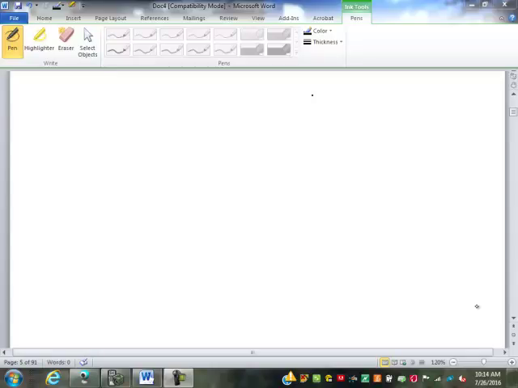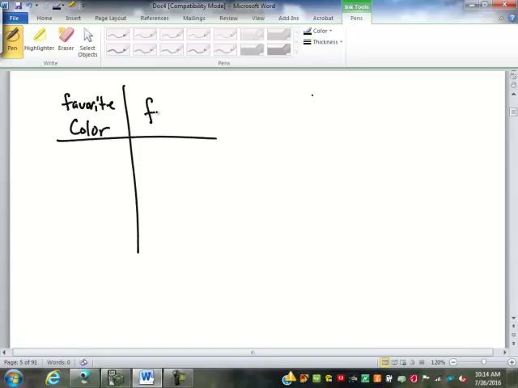Okay, so we just did these frequency tables to organize data. Now the next step, let's look at our favorite color here. And I'm going to use different data just to make it a little more interesting. I'll leave out the tally column.